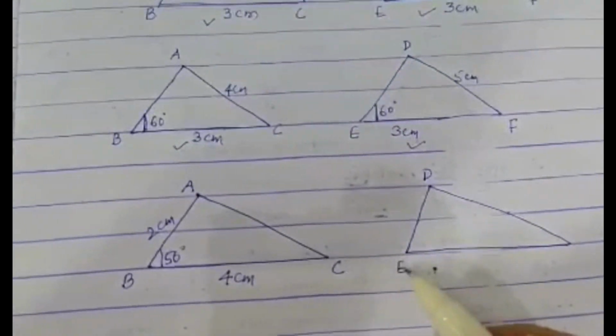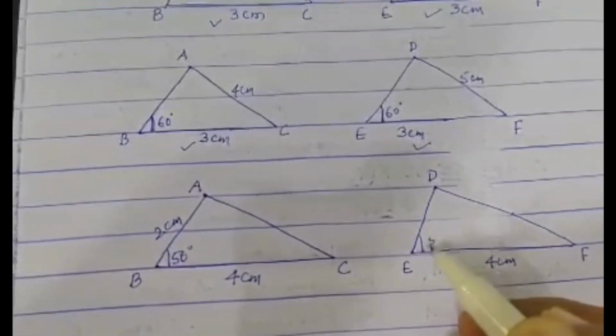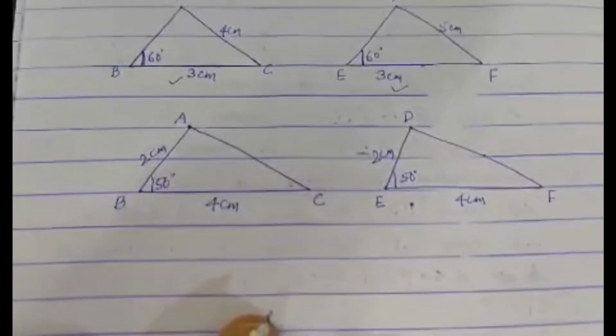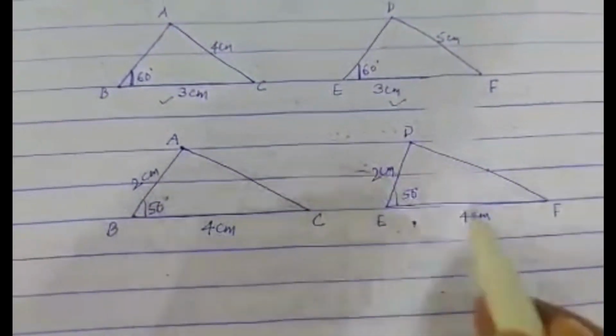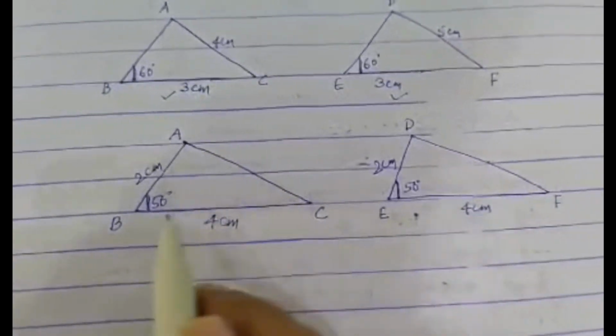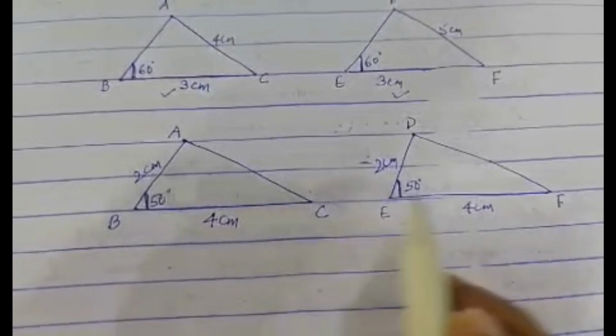D, E, F, this is 4 centimeter, this is 50 degree, and this is 2 centimeter. Now what we have, two sides are equal and the angle included here, that is also equal. So here you can observe that these triangles are congruent.